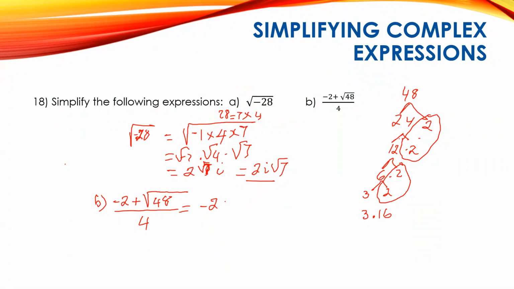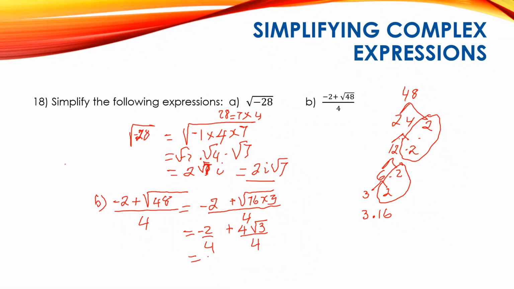So it's negative 2 plus the square root of 16 times 3, over 4. That will be negative 2 over 4, split it, plus the 16 comes out as 4, square root of 3 over 4.